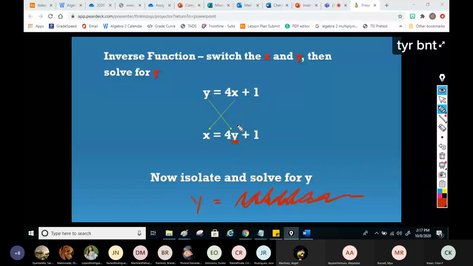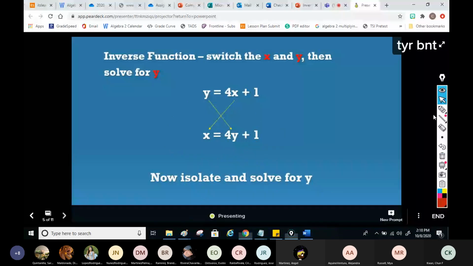To solve this one, you have to somehow get rid of the 1 and get rid of the 4, putting them on the other side so you have just the y by itself. That is what we're going to do today. Let's take a look at an example.